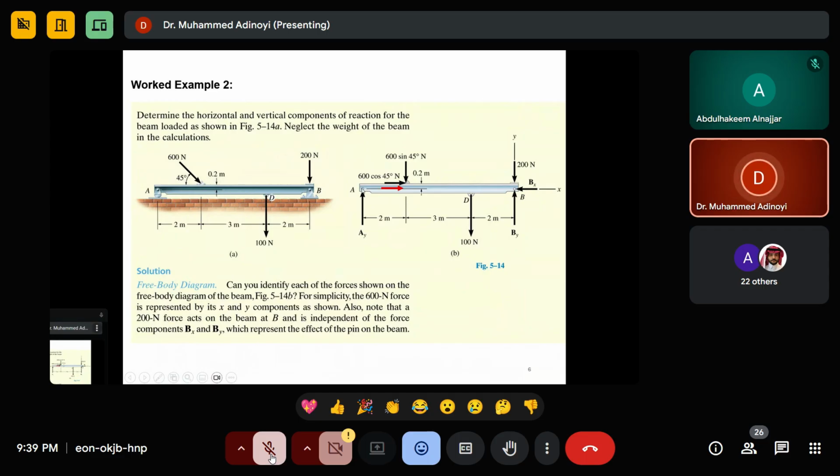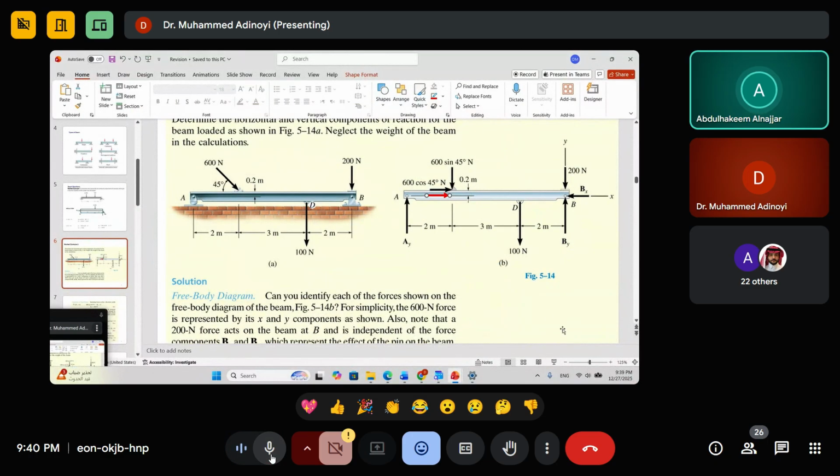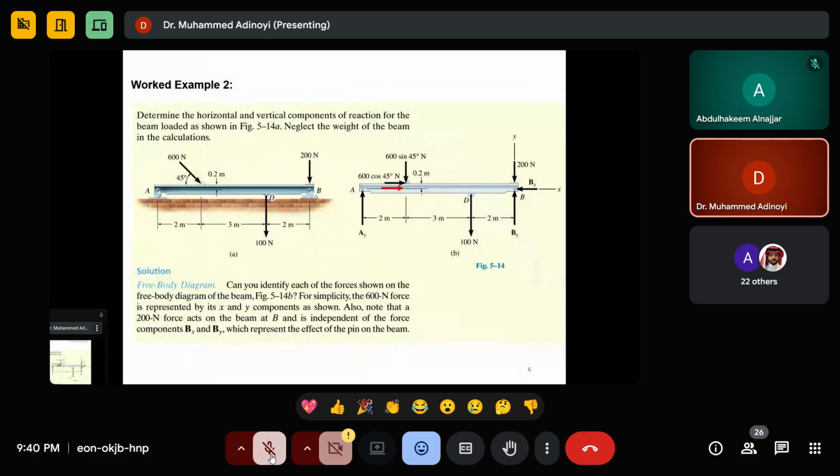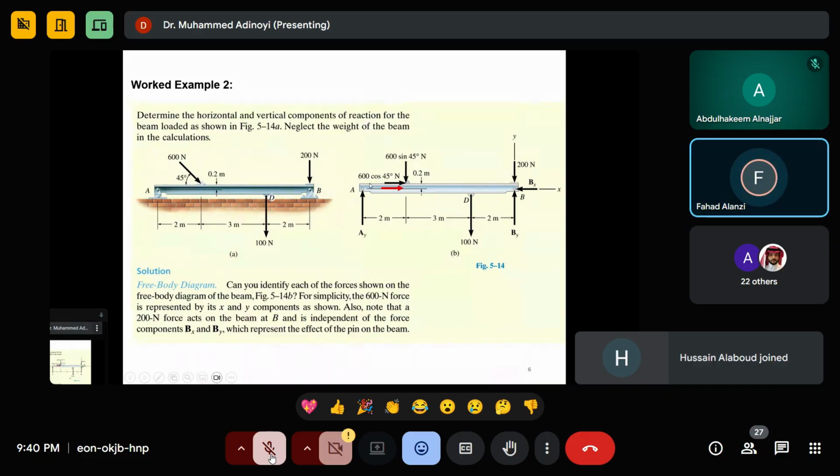Do you understand my question? Hello? Yes, doctor. If I'm taking the moment about this point now, what will become zero? AY becomes zero.